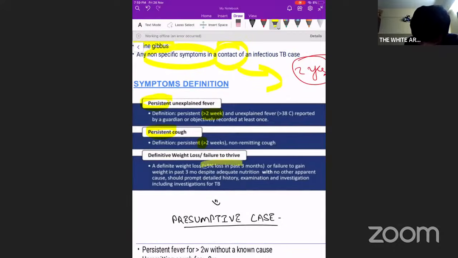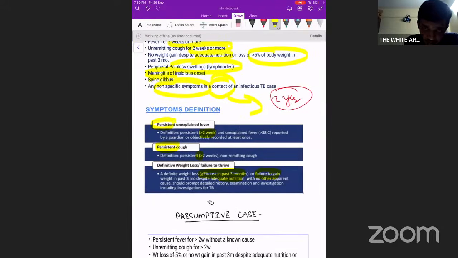More than 5% weight loss in the past 3 months, or failure to gain weight in the past 3 months despite adequate nutrition and no other apparent cause. So if one of the children presenting to us has any of these symptoms, what do we call them?